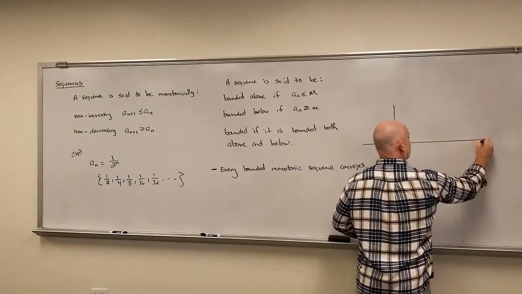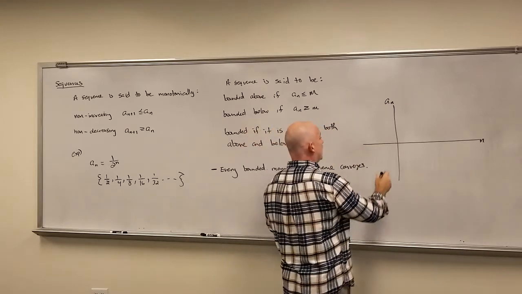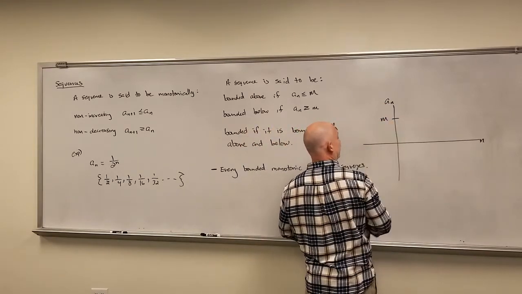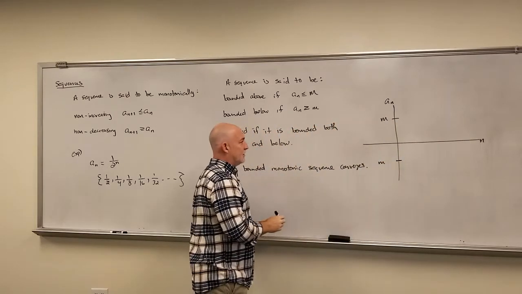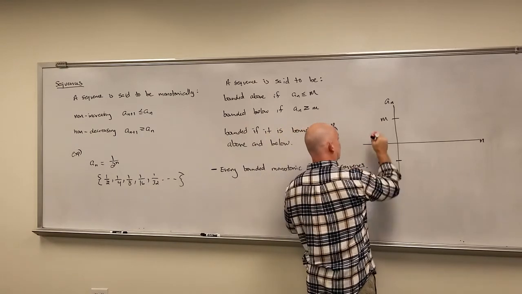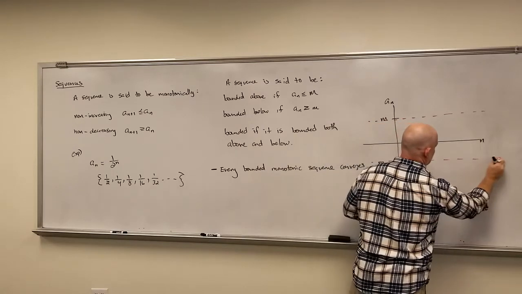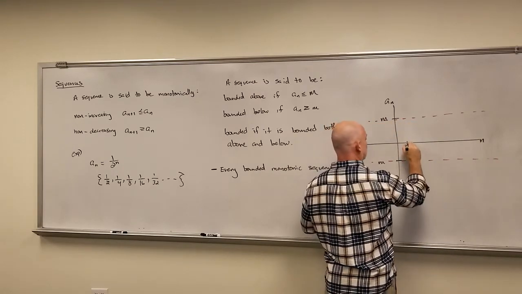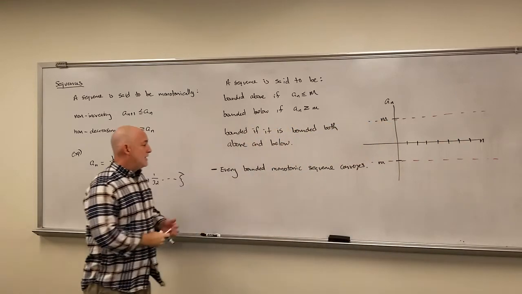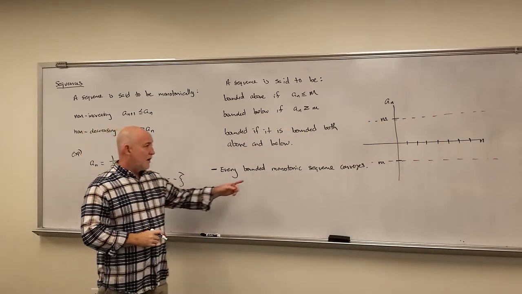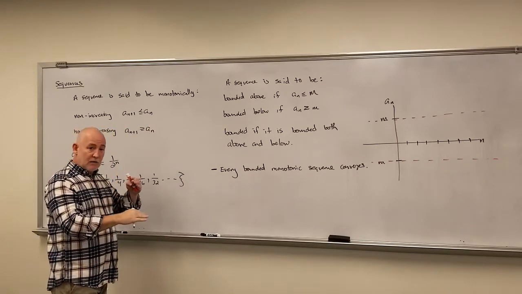So let's take a look at, here's our n and a sub n. You can kind of see why this would have to happen. If it's bounded above, that means we have some value it never gets above, and if it's bounded below, we have another value that it never gets below. So you can think about these two as a ceiling and a floor that you can never get outside of. So for each one of our n values, we're going to have an a sub n value. But since this thing is monotonic, it's always either heading up or staying constant, or heading down or staying constant.